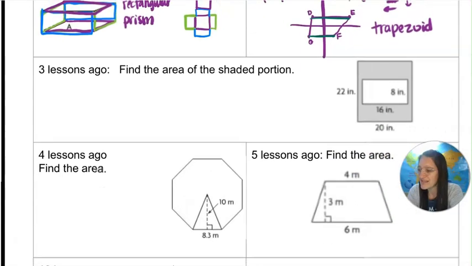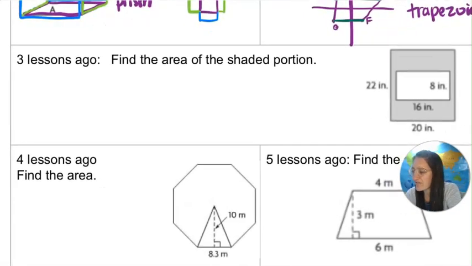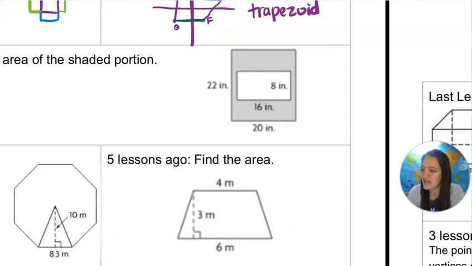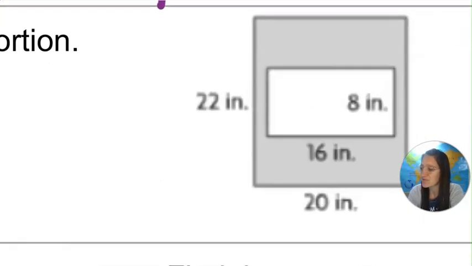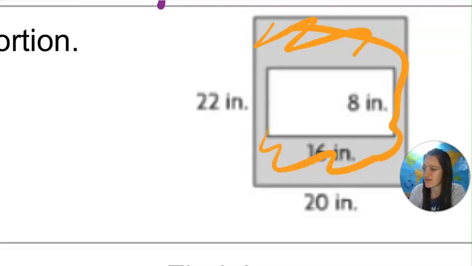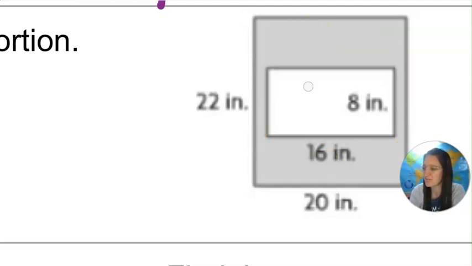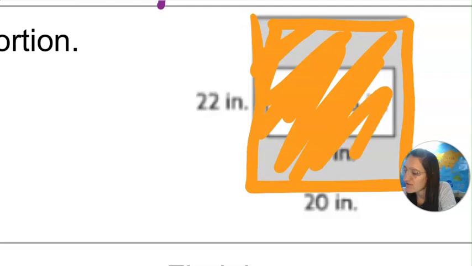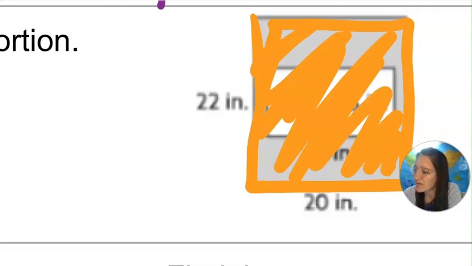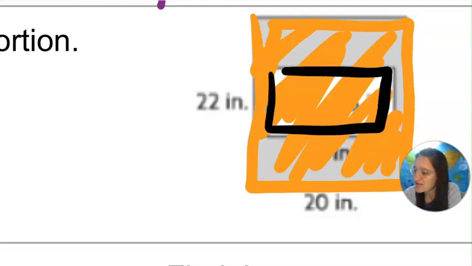Whew, 3 lessons ago, we found areas of funky shapes. So find the area of the shaded portion. I just want this right here. Here's what I'm going to do. I am going to find the area of this whole rectangle, right? And then I'm going to take away this part right there.